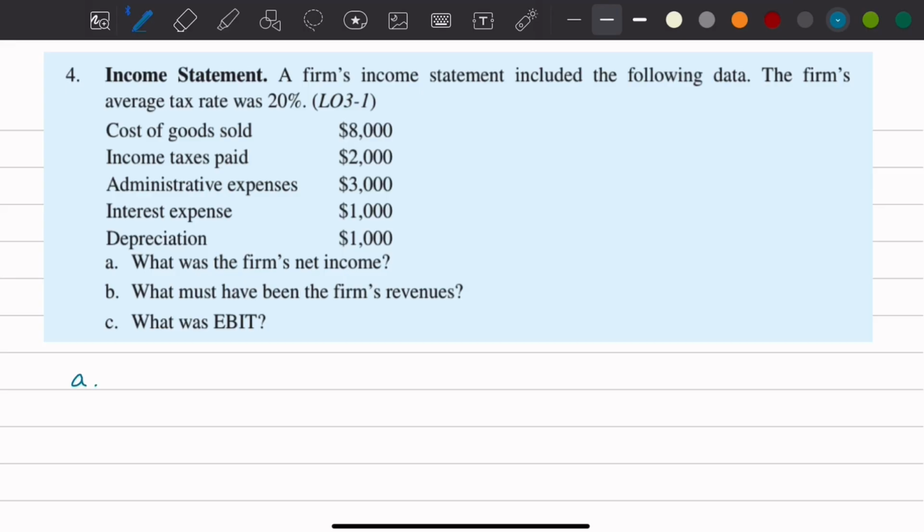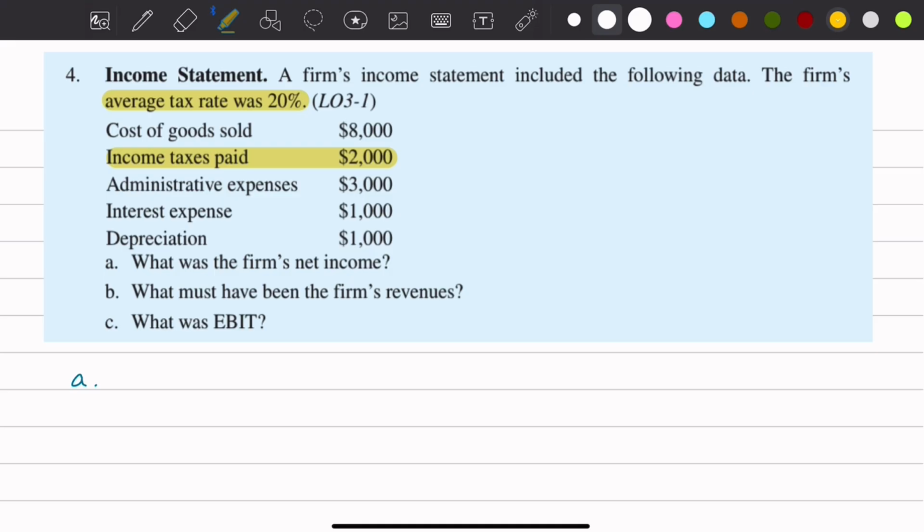We don't have the net income given in the question, but we do know a few things. We know that the company has paid income taxes of 2,000, right? And we know that the average tax rate for the company is 20%, right?